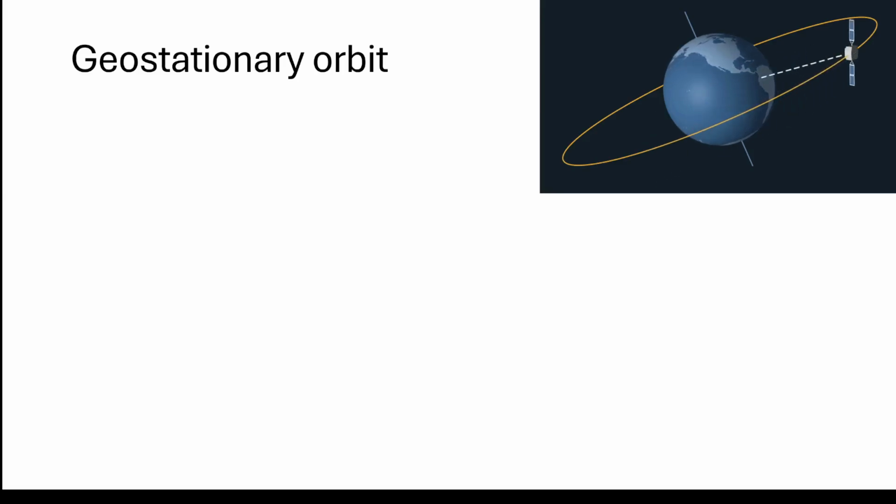Now, geostationary orbits. As you can see in this small animation, that point on Earth which has this private satellite, wherever that point goes, the satellite goes with it.